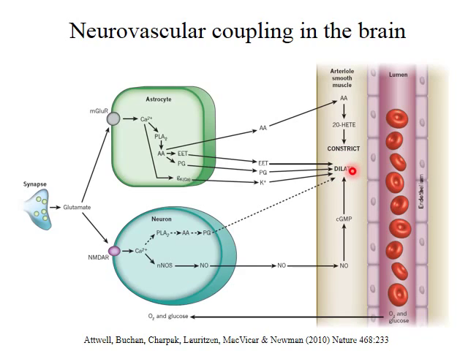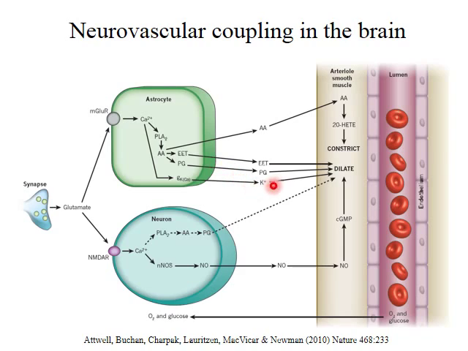Now, this diagram indicates other possible neurovascular coupling mechanisms that may also be operating in the CNS. With an increase in calcium, this could activate calcium-activated potassium channels in astrocytes, leading to the release of potassium.